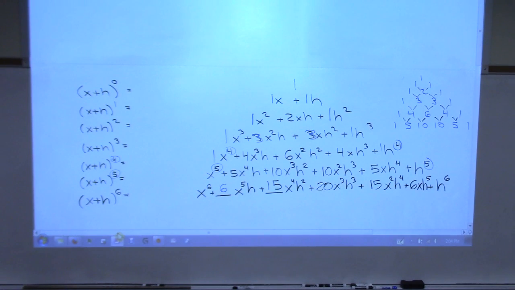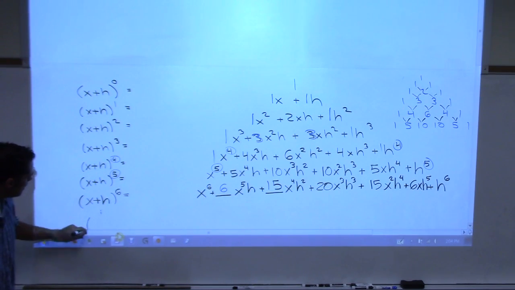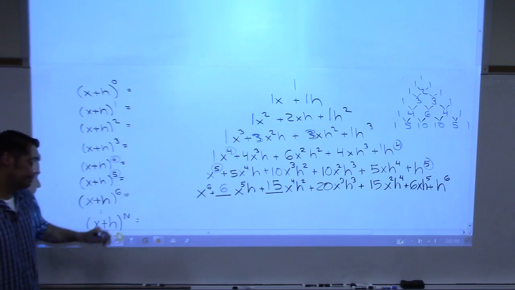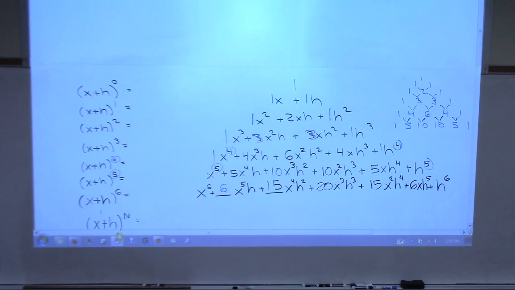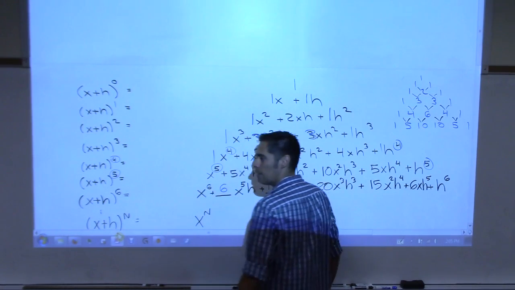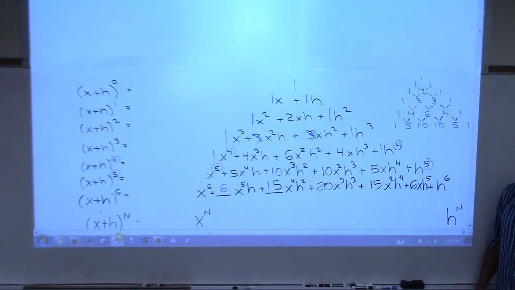All right. So if this is the case, can you tell me, if I try and expand x plus h to the n, what the first term is going to be? X to the n. Agreed? And the last term is going to be h to the n. We know that.